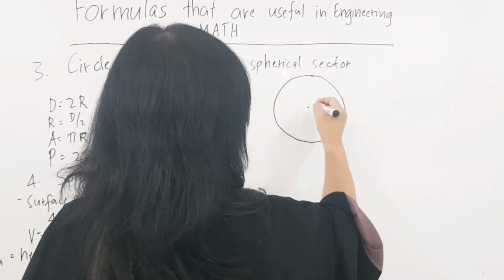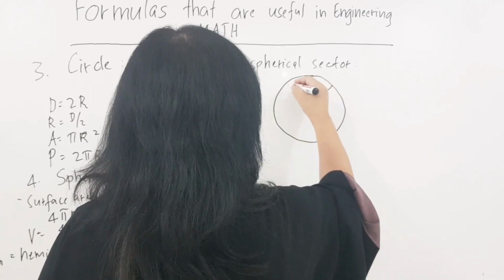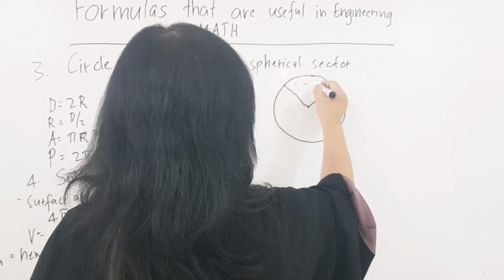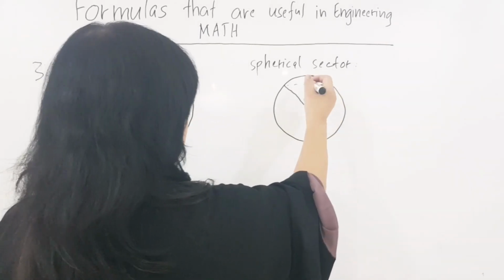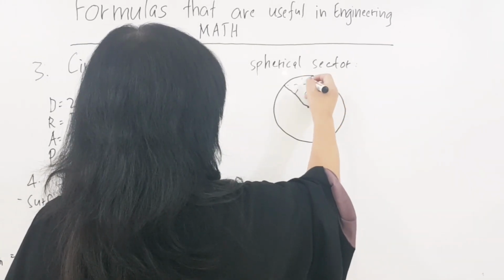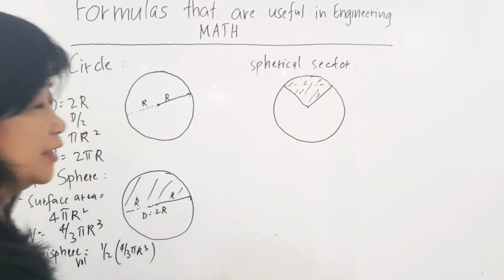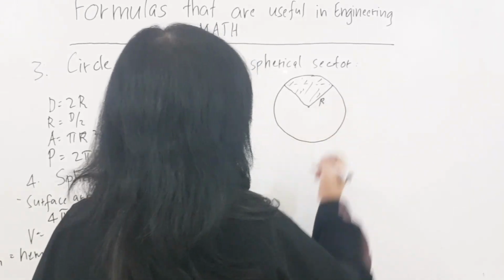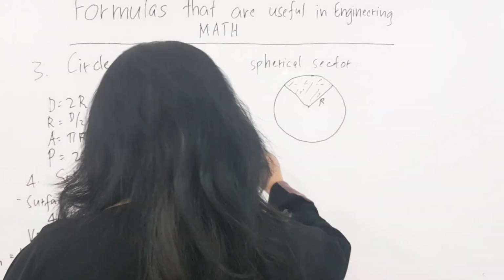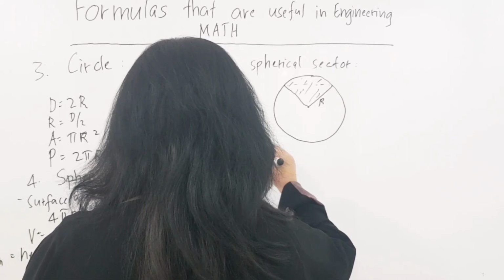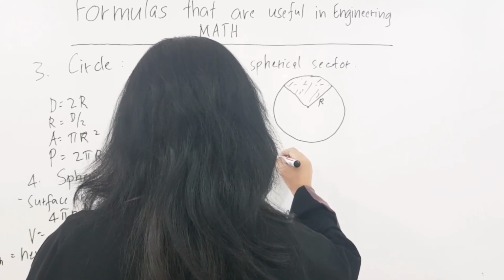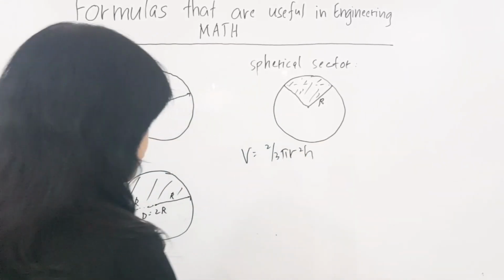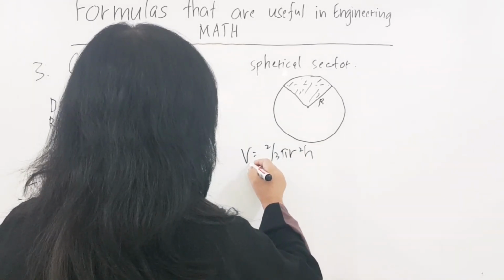This is the center, and this area here we call the spherical sector, and this is the radius. Therefore, the volume of the spherical sector is 2/3 pi r squared h. This is the volume of the spherical sector.